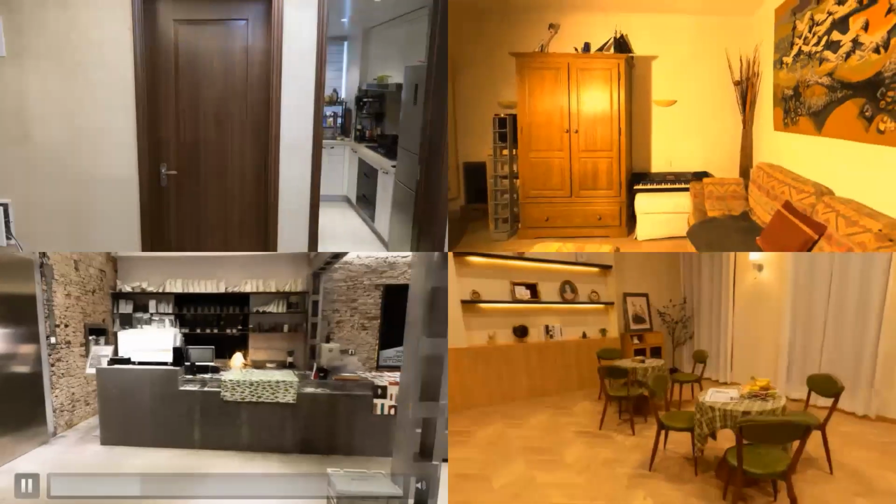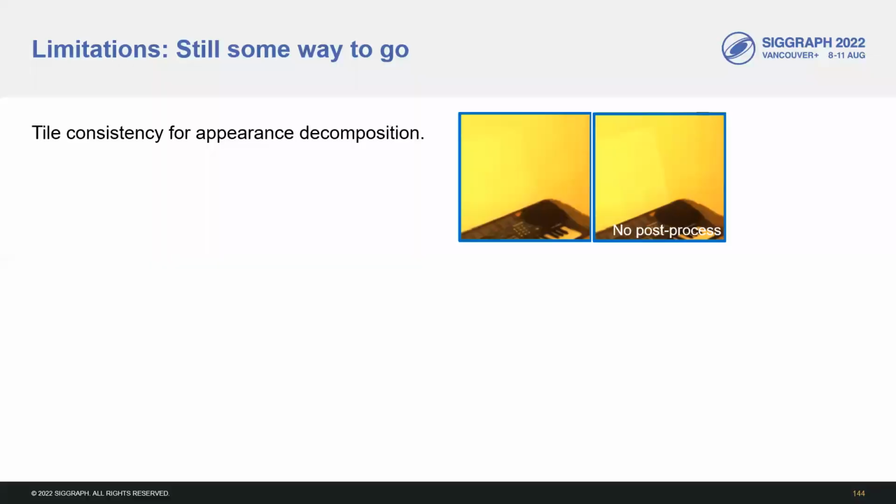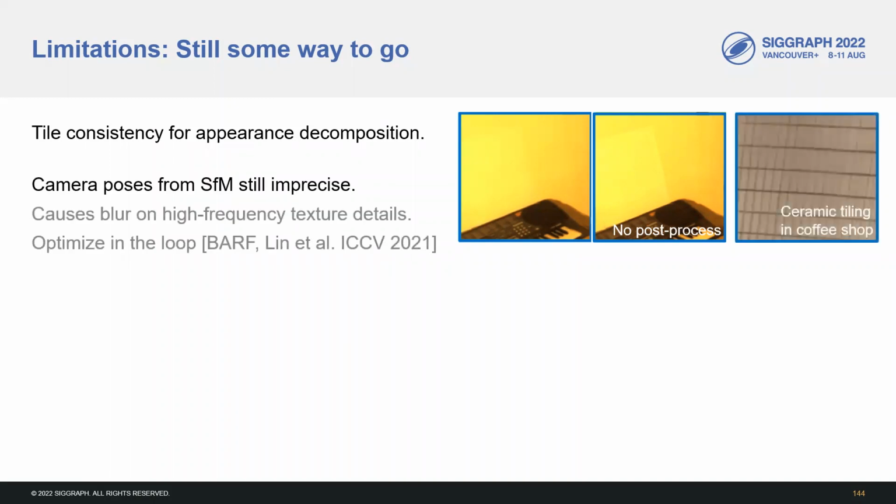Okay, I just have to get through some limitations again, because it's not fair for me to say that this thing is perfect. For tile consistency, we have to do some post-process to fix some of this. There's some training steps to help minimize it, and it's still not perfect. I talked about the blurring on the high frequency details because the original camera poses are not as good.